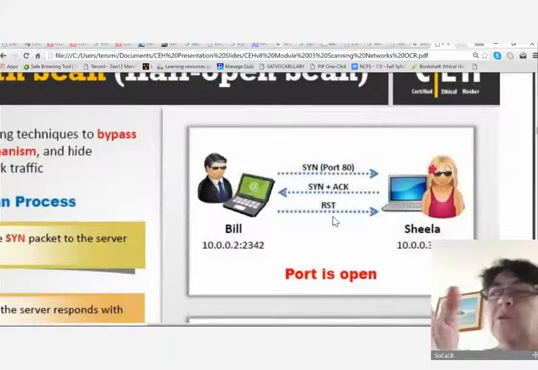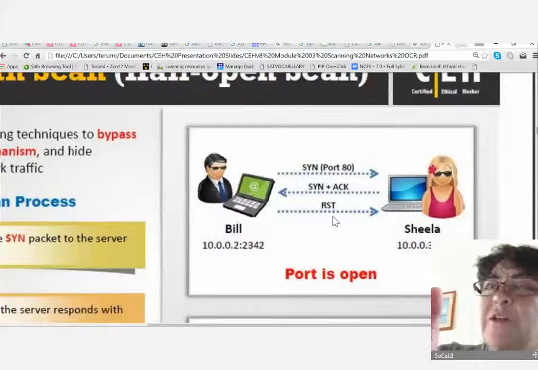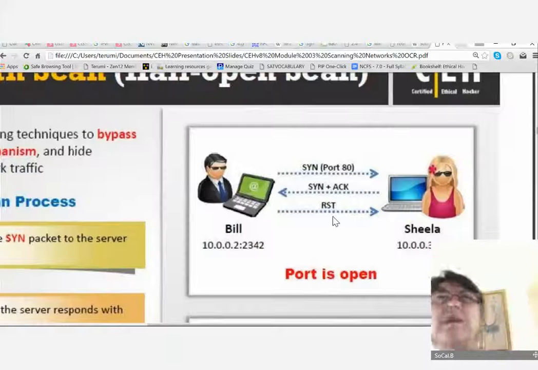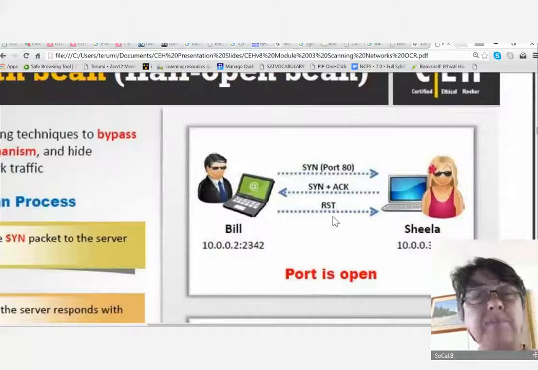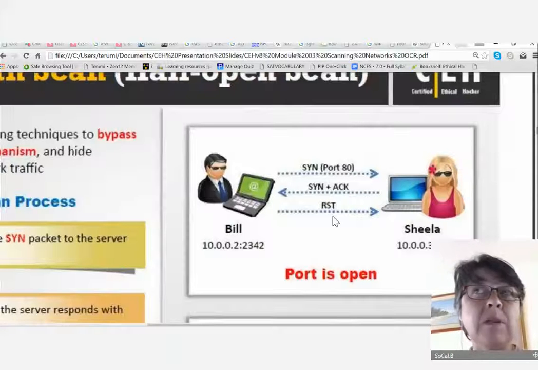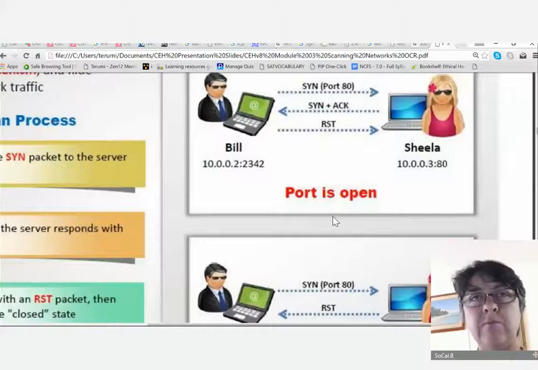To make sure you don't create a DOS situation for the target, you do send a reset. And because you have not completed the three-way handshake, hopefully this will not be logged. And if the port is closed, same thing, you're going to get a reset back.